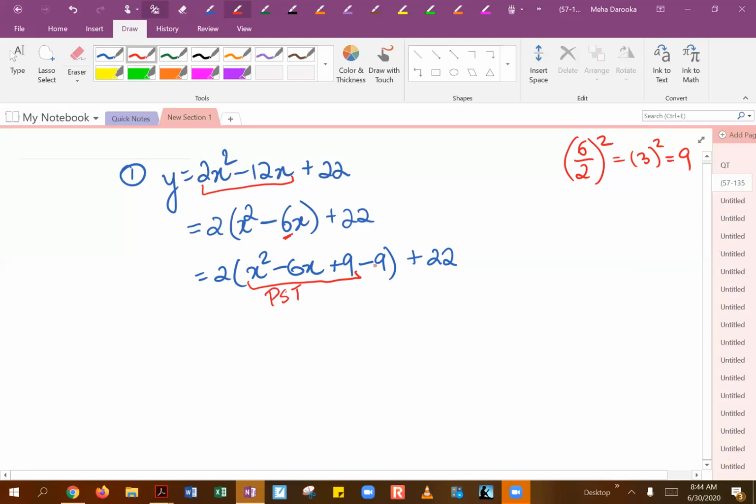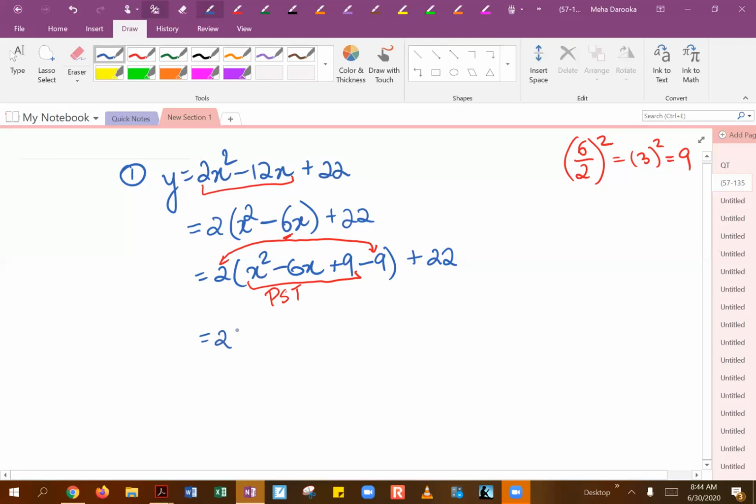So this minus 9 is the extra term inside the parentheses. So we need to bring it outside of our parentheses. To bring it outside of our parentheses, since I have this 2 in the front, we will need to multiply this 2 with the negative 9 and bring it outside of our parentheses.